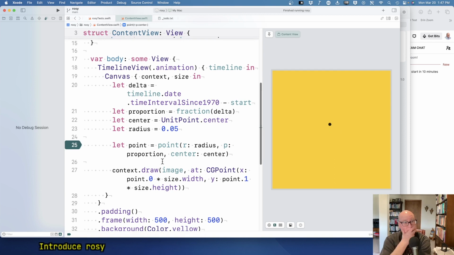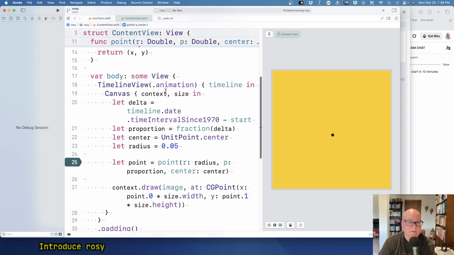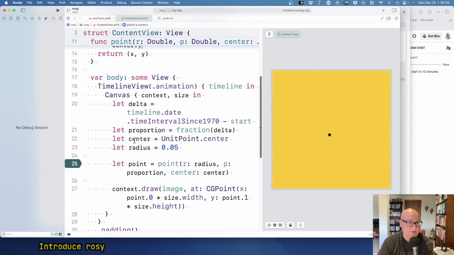But I think what we're saying is the proportion seems okay. And then I guess, do we accumulate? Well, let's say the radius and the center aren't changing really. So it's really these proportions.